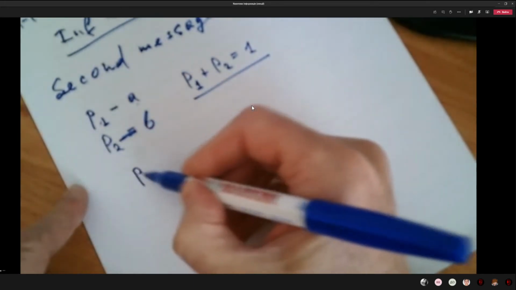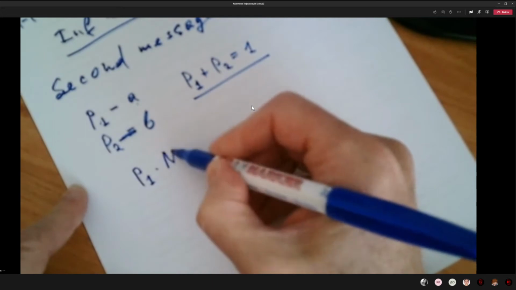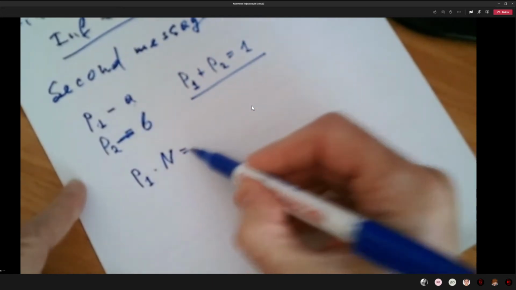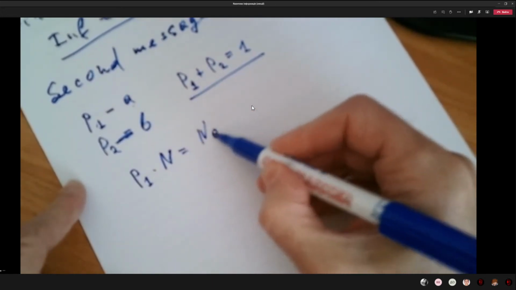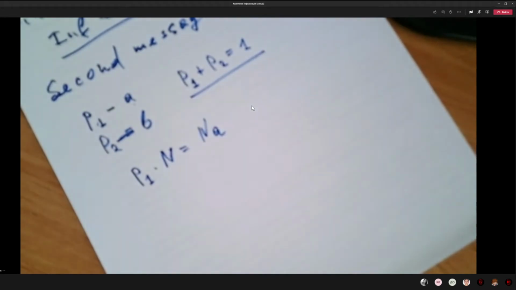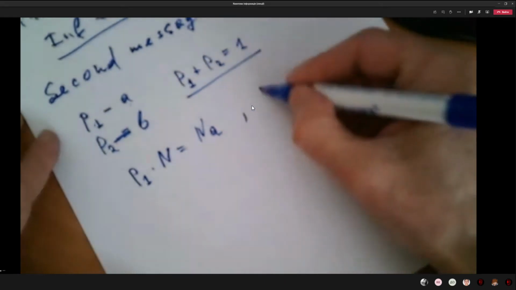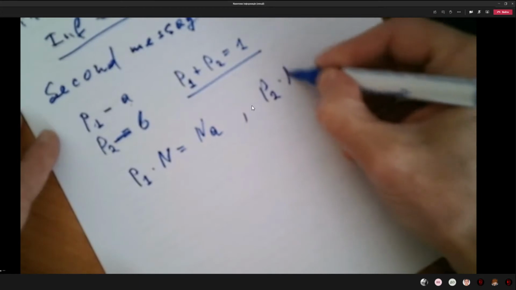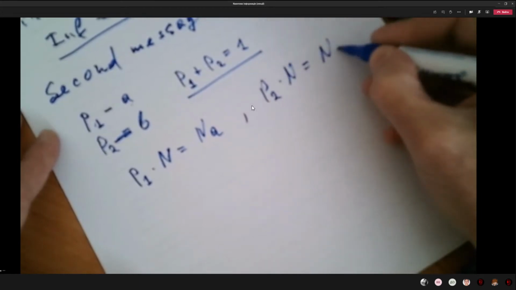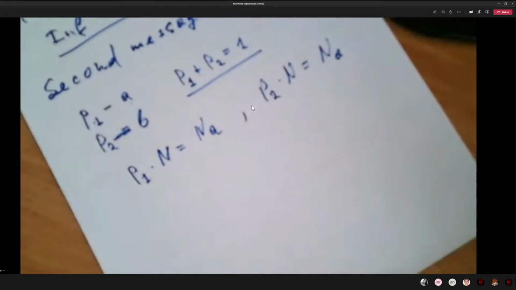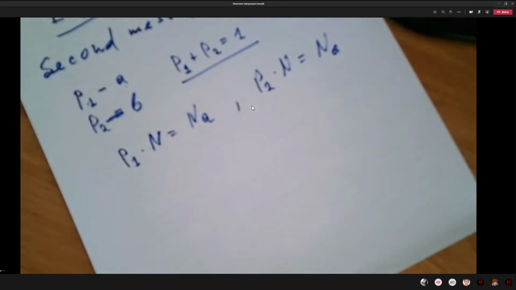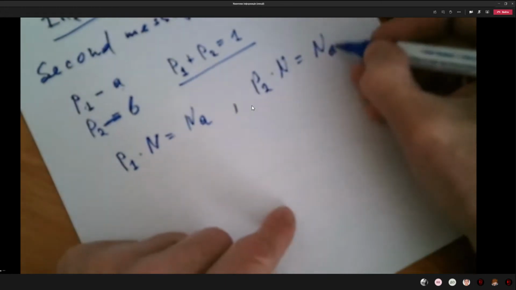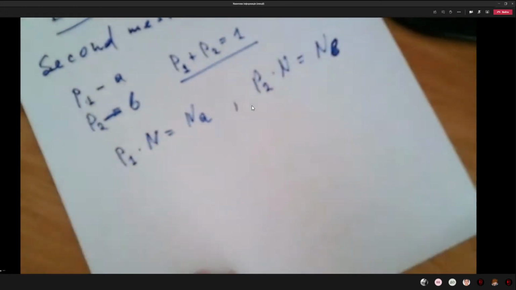P1 multiplied by n is the number of symbols A, NA, which we can find in this message. Similarly, P2 multiplied by n is NB, the number of symbols B.